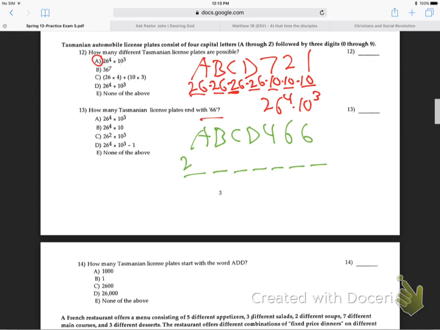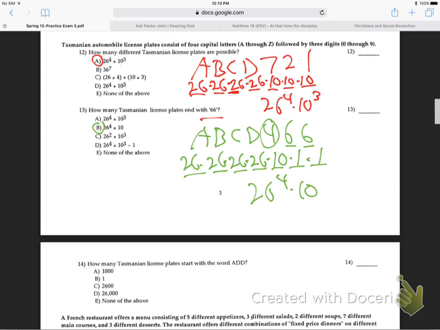I had 26, 26, 26, 26 options. And then when I picked the 4, I had 10 options. Could be any digit there, huh? And now when I picked the 6 and the 6, just one option for each because I had to do 66. So what is that? 26 to the 4th times 10? So B. Good? Easy, easy. All right.